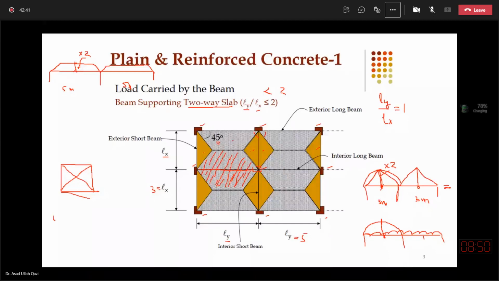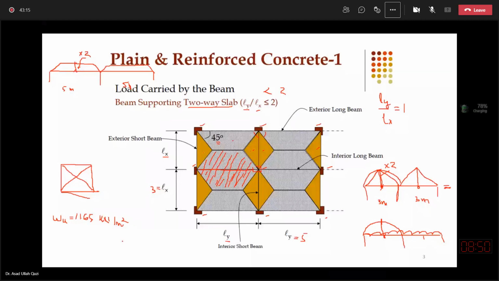In the previous example, we calculated this for a 650 millimeter thick slab, 100 millimeter finish and 300 kg per meter square live load. Suppose for this slab, the floor finish, slab thickness and live load are the same.